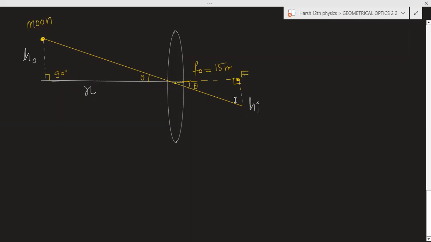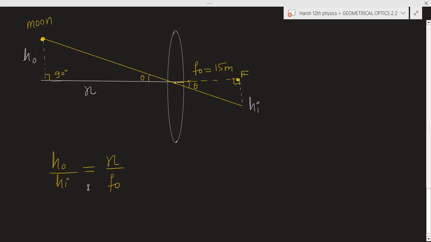Height of the object divided by the height of the image is equal to x divided by f naught. You take the perpendicular side of this triangle for the height of the object, and for the height of the image you take x divided by f naught. And you have to find the diameter of the image.